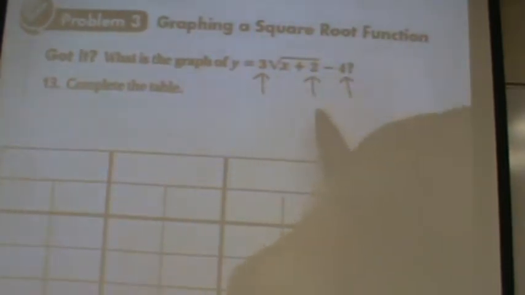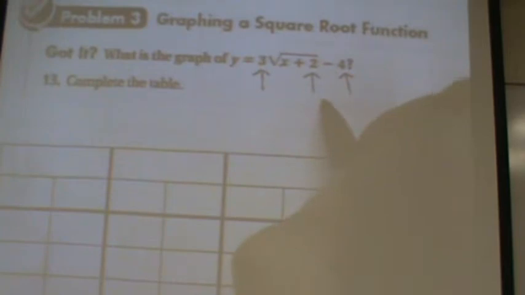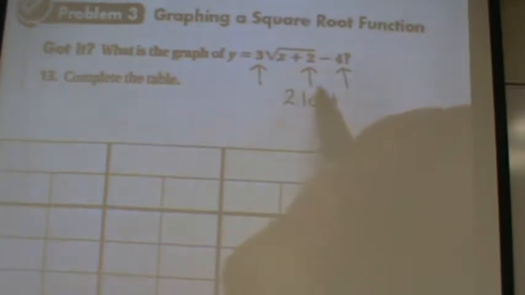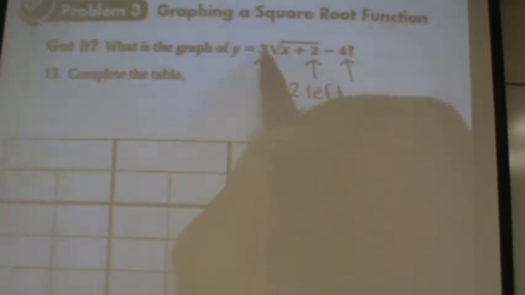Do you guys remember all the transformations? What does this plus 2 do? It's 2 to the left. How are you going to do that mathematically to your table? You're going to take your x values and subtract 2. Then you go here, what does this 3 do?